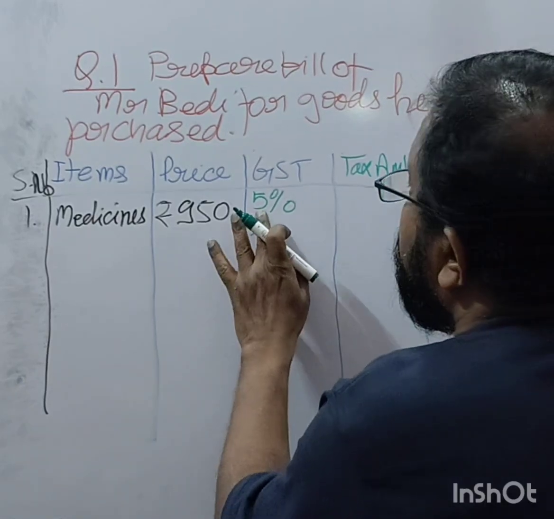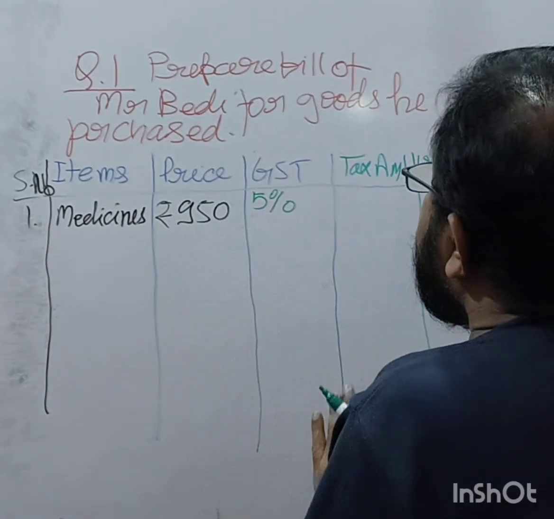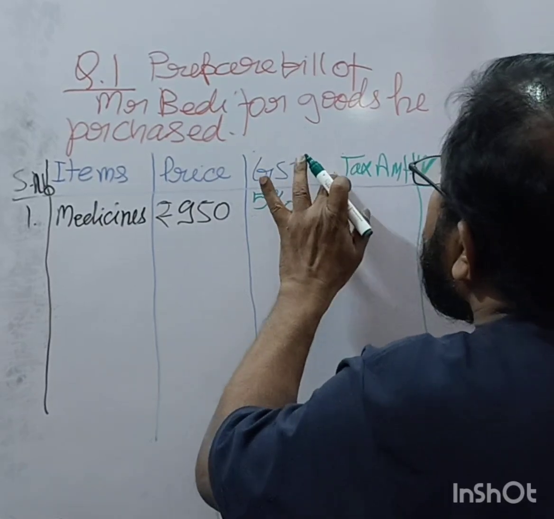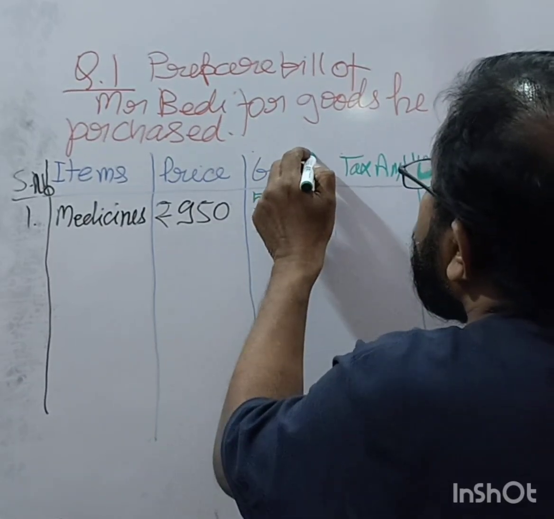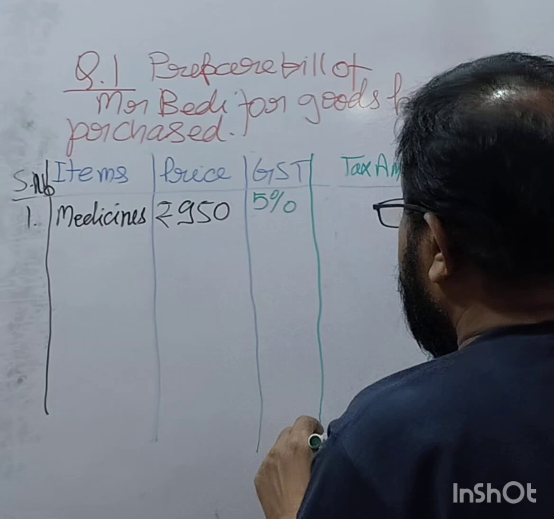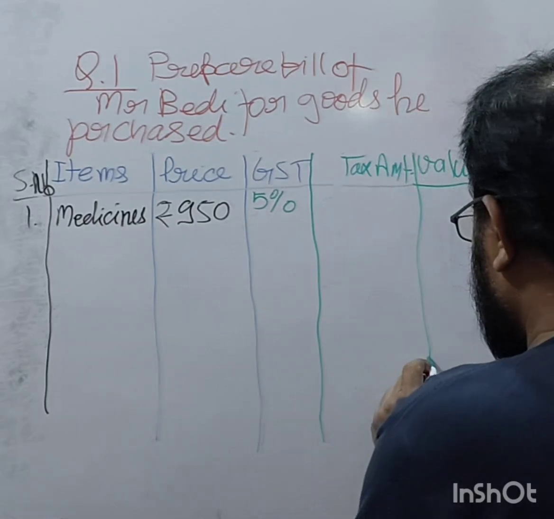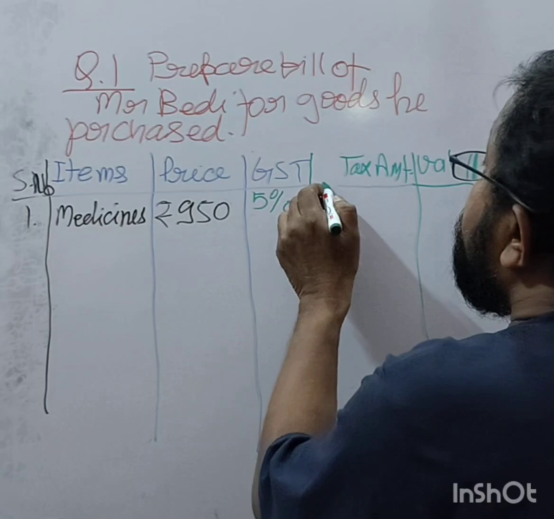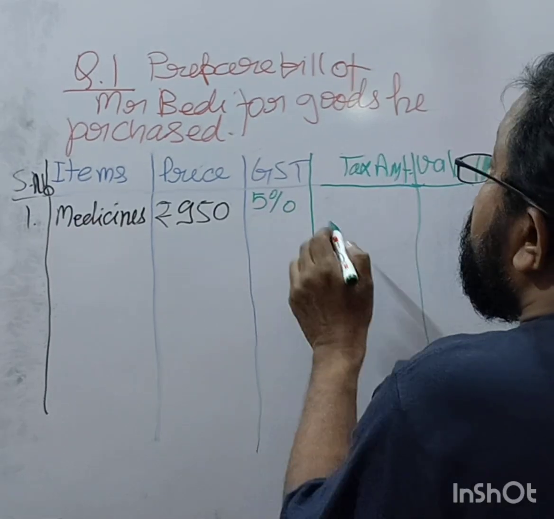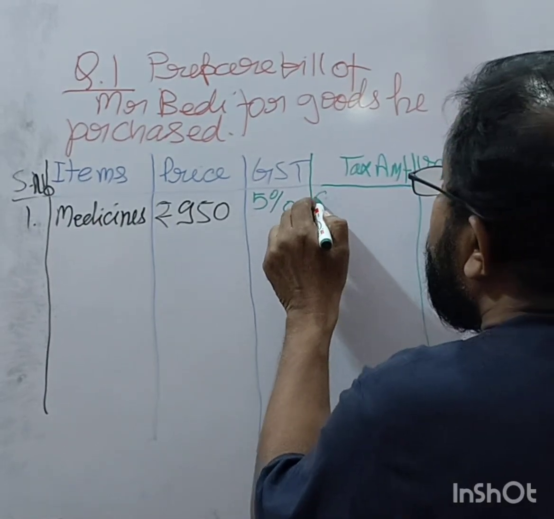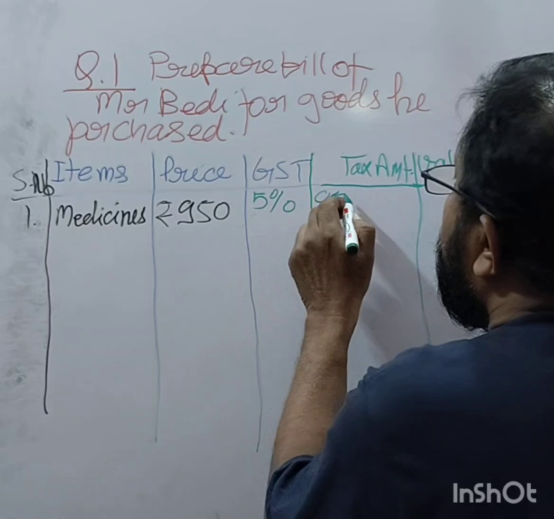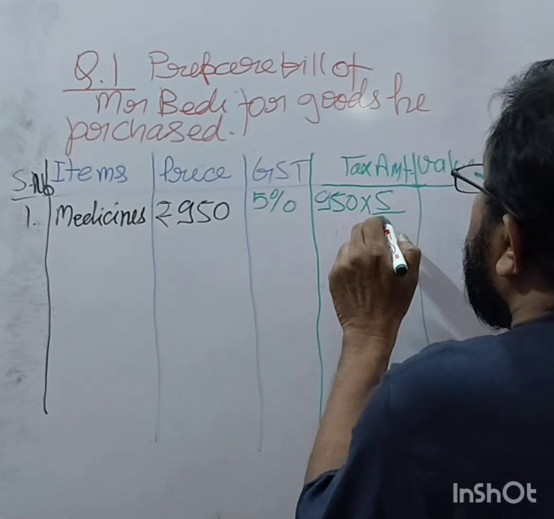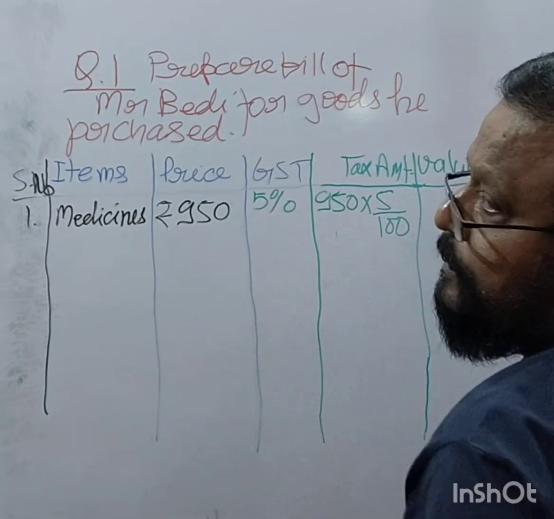So 5% GST is there. We can shorten this line. We can do it like this here, and this is here. So 5% GST is there. So it means 950 into 5 upon 100.